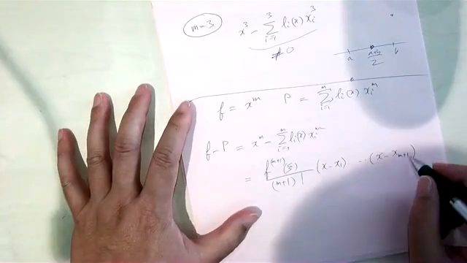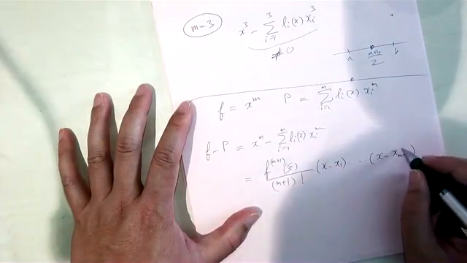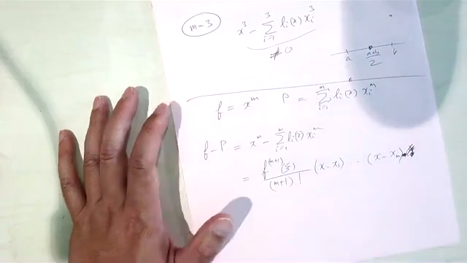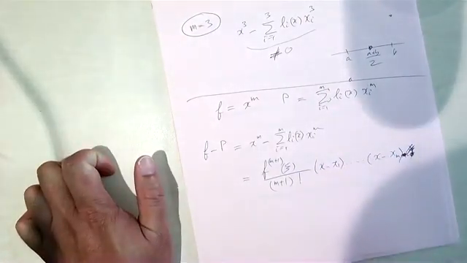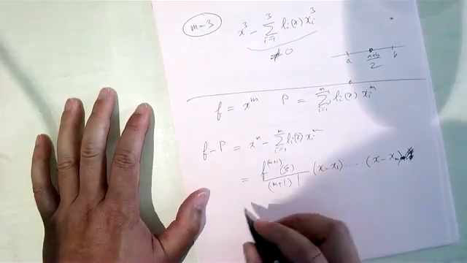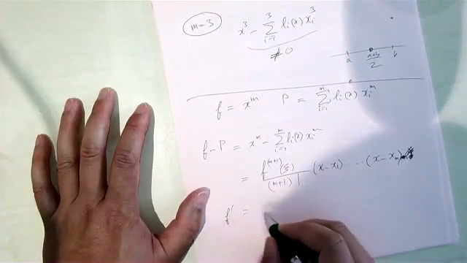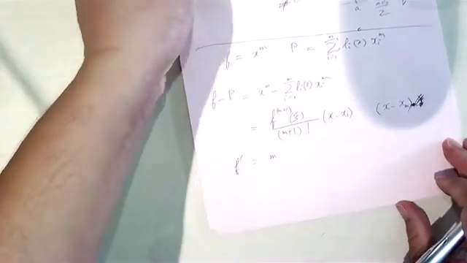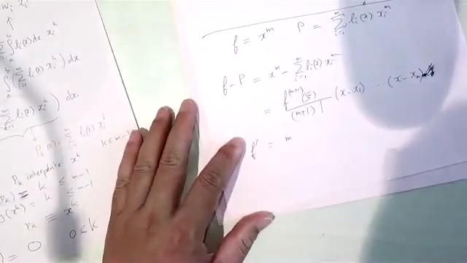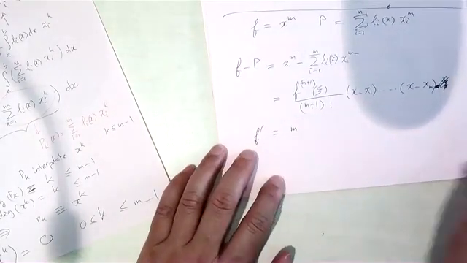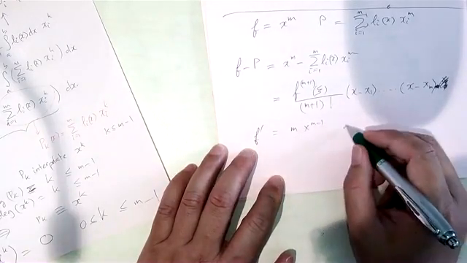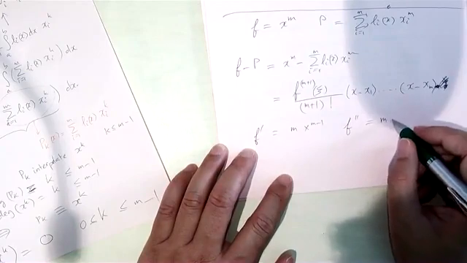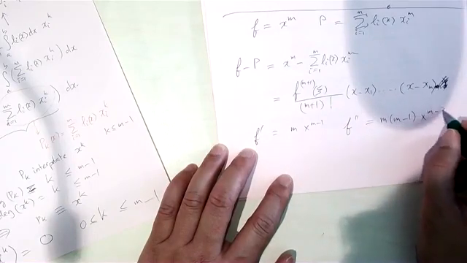No, actually we have only m points. Now, what is the derivative? f prime is just m x to the m minus 1, and f double prime is m times (m minus 1) x to the m minus 2, and so on.